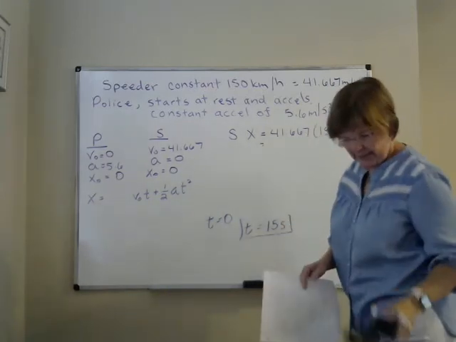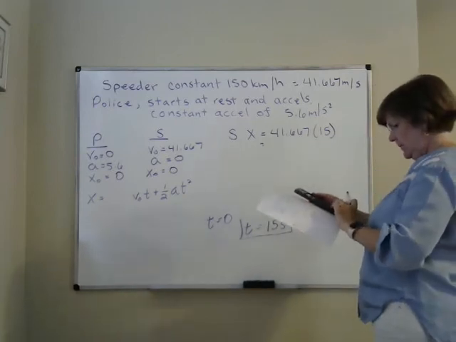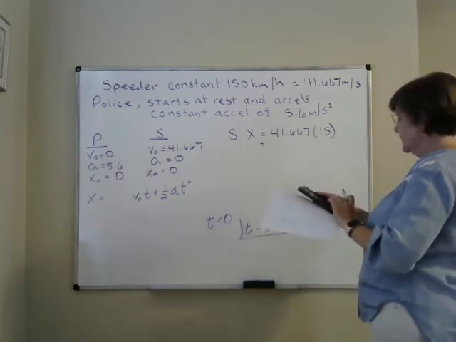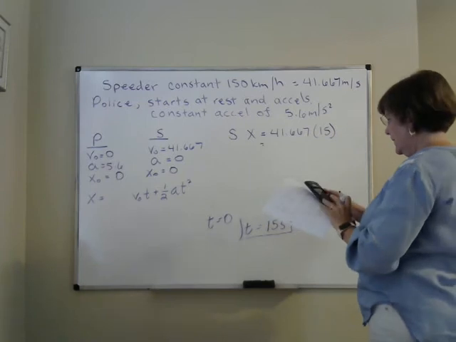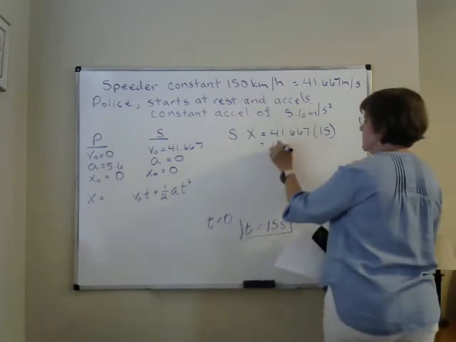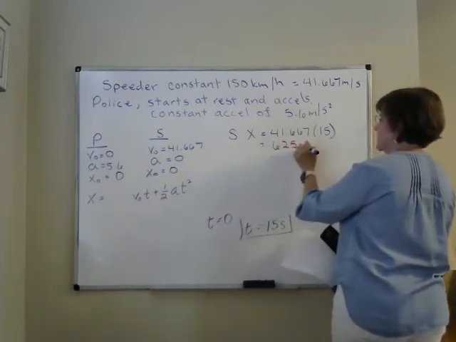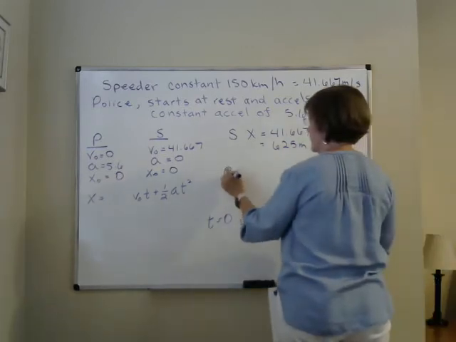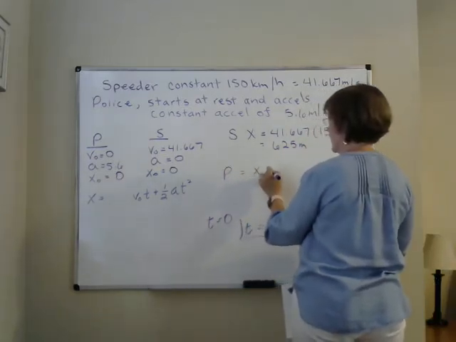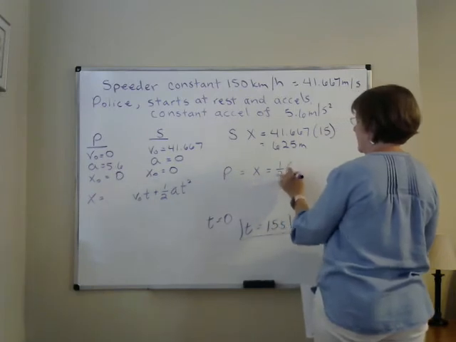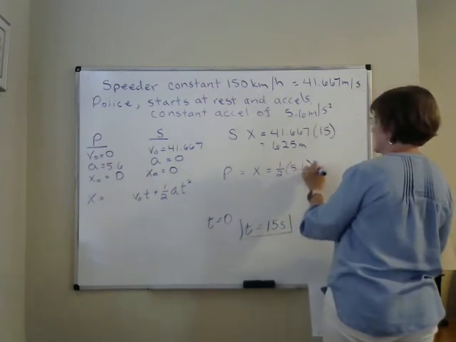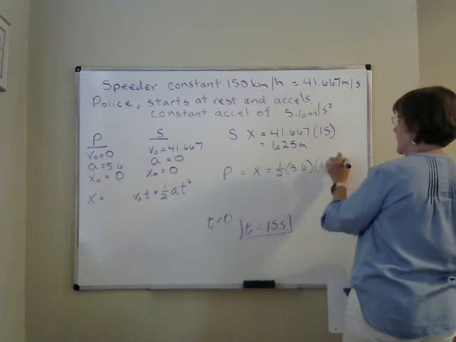I'll type that in and just double check. 41.667 times 15. It's going to travel 625 meters. The police officer, his position worked out to be 1/2 5.6 times 15 squared.